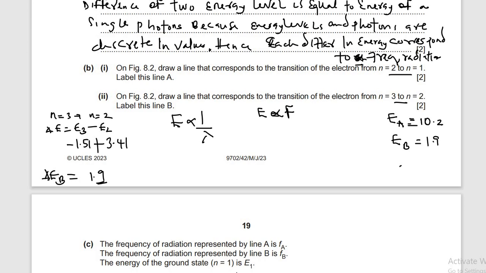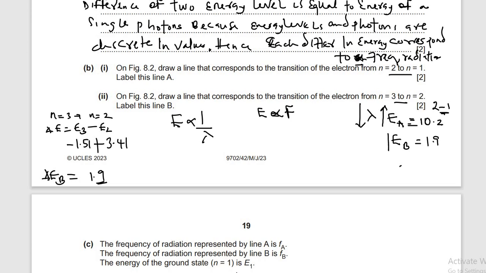EA is higher than EB, so it has high energy and the wavelength will be low.